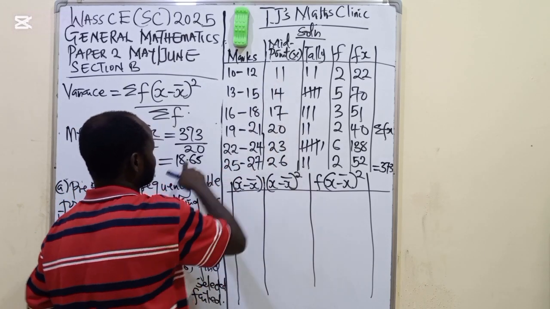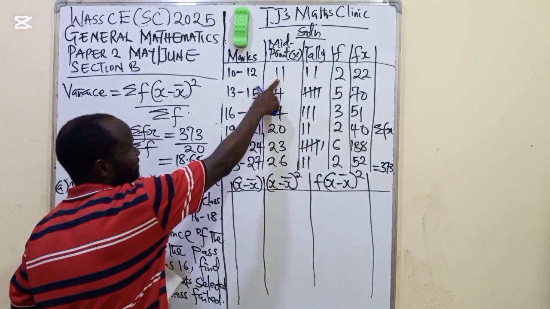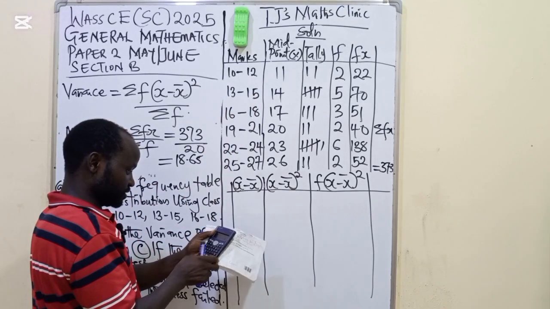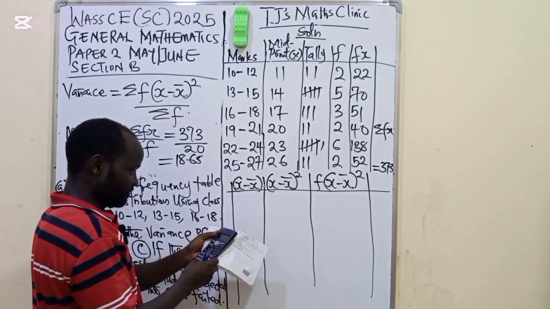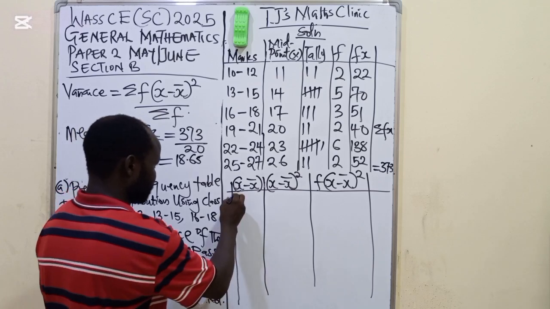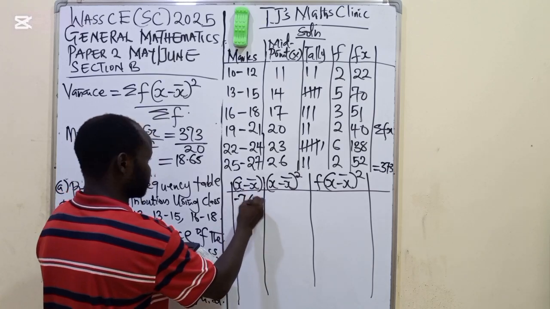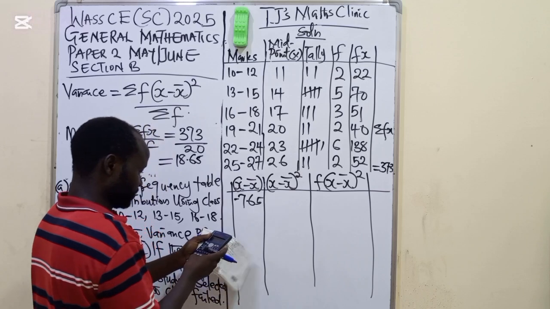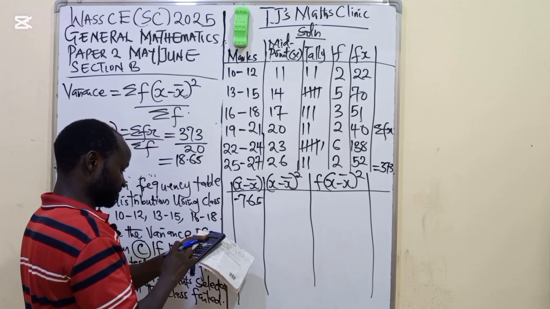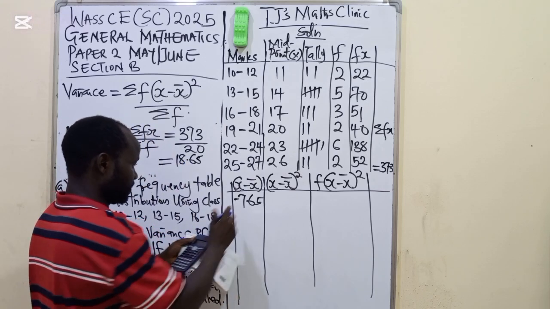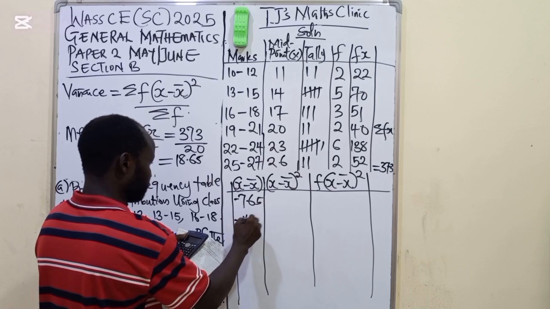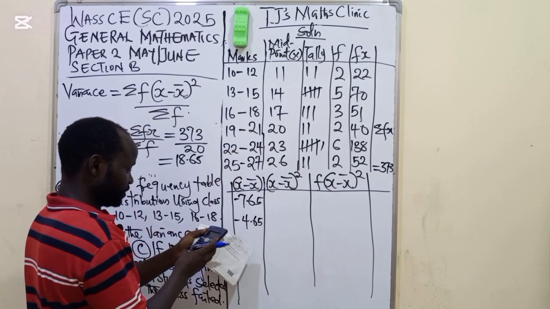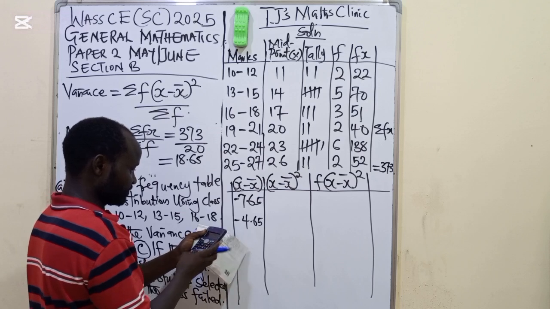So to get this now, we use our x. It will be x minus the x bar now. That's 11 minus 18.65. That will be minus 7.65. That's the first number now. Next, 14. We do 14 minus the x bar, which is 18.65. That will be minus 4.65. Next will be 17 minus 18.65.